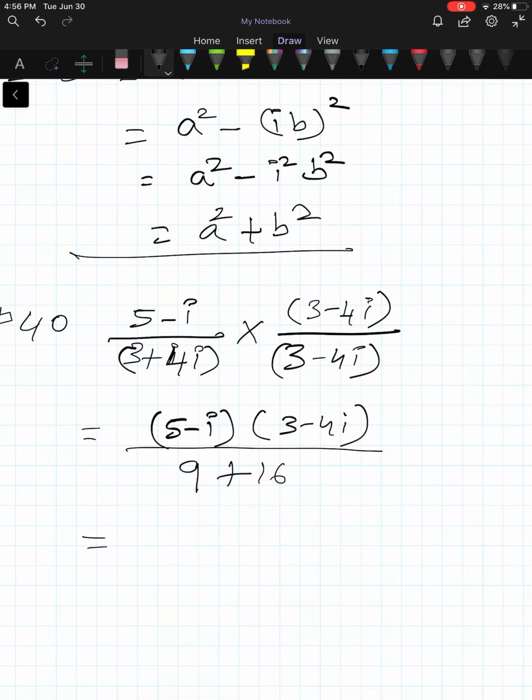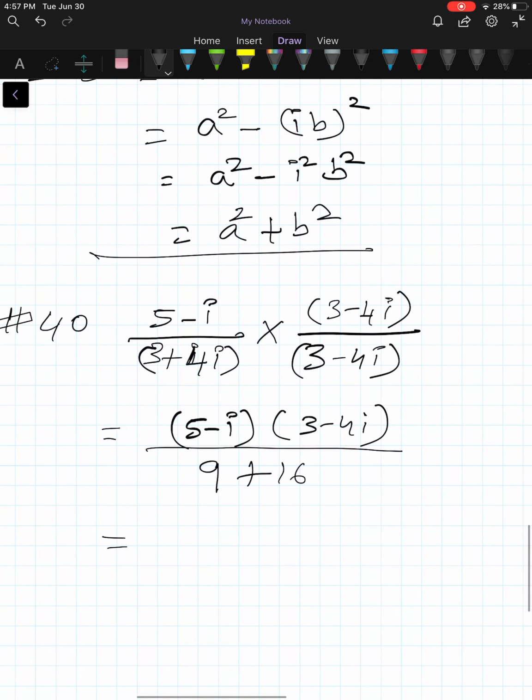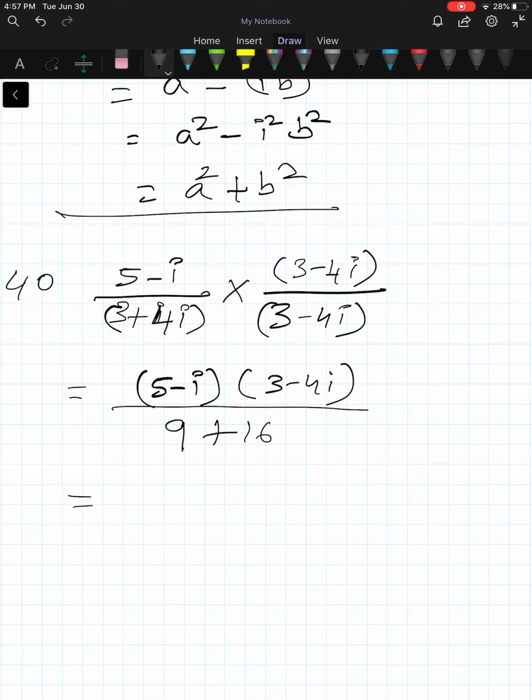If you apply the FOIL method, I promised to do the FOIL method above also, but I think I just moved on using the formula. So I will apply the FOIL method now. The first terms are 5 and 3, so multiplying that, you will get 15. Then the outer terms are 5 and negative 4i, so that would be negative 20i.